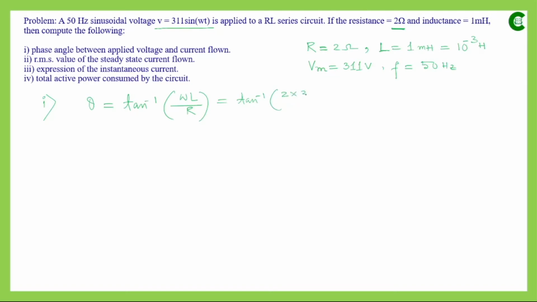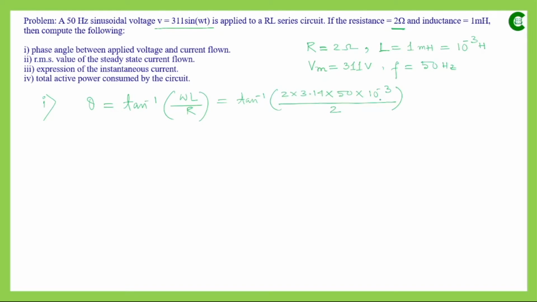Pi we generally approximate to 3.14, and the linear frequency is 50 hertz, then the inductance value is 10 to the power minus 3 Henry, divided by the resistance value, which is 2. Putting in the values, 50 multiplied by 2 is 100, so it will measure 314.